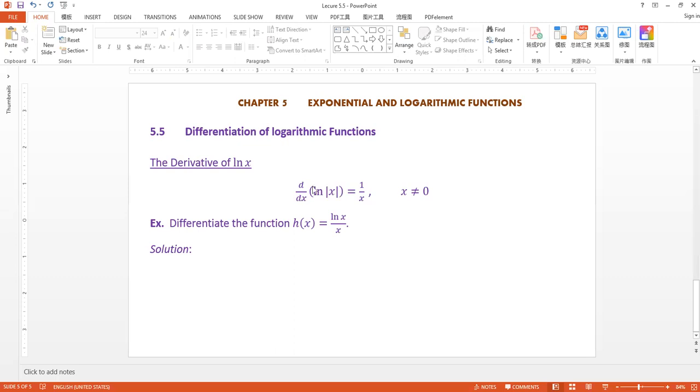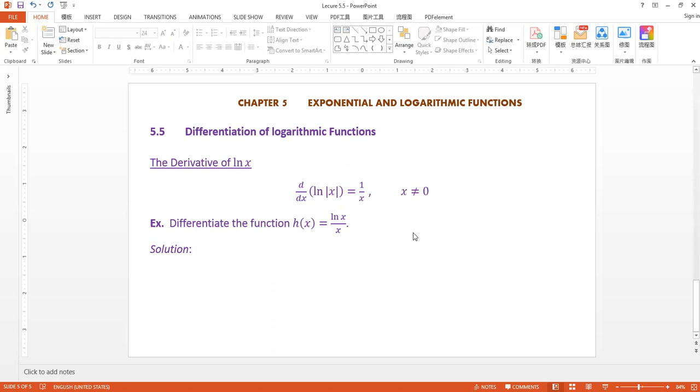So this actually includes two functions, ln x and ln negative x, if you want. But in the end, the derivative is always 1 over x, whether x is positive or negative. So you can just consider ln absolute x as one function if you want.